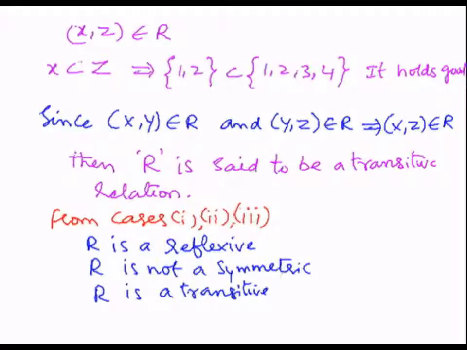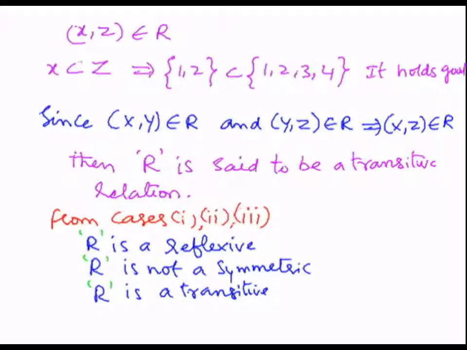But we know that when a relation R is reflexive, symmetric and transitive, then only it is said to be called an equivalence. But here R is reflexive and transitive, but it is not symmetric. Therefore the relation R is not called an equivalence relation.